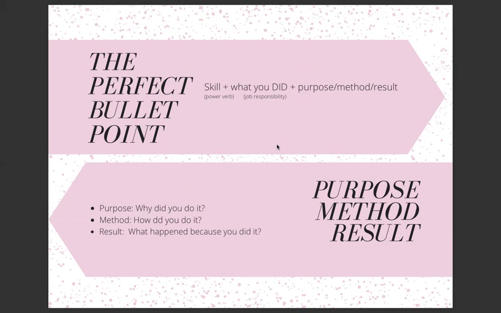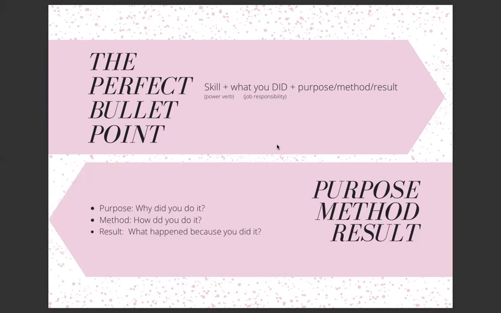There you can see I used a power verb, programmed. What I did: I programmed events for senior economics students. Why did I do that? In order to connect them with alumni in their chosen field. And then I also quantified how many I did per semester.